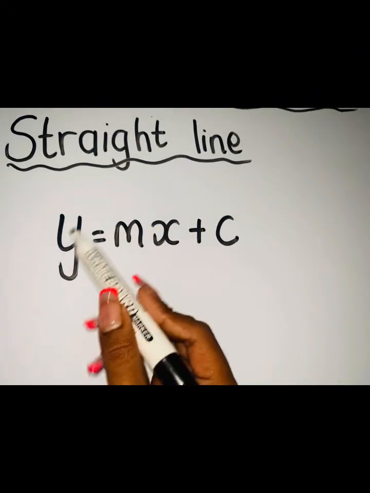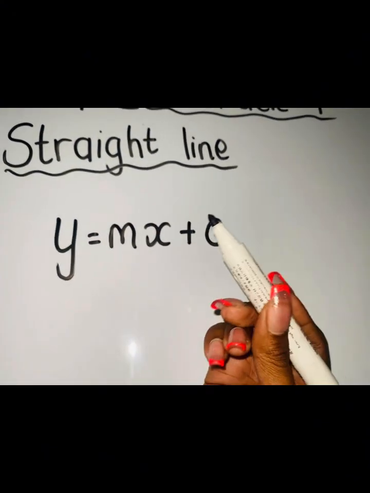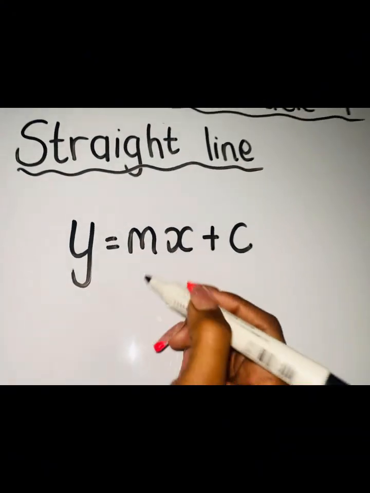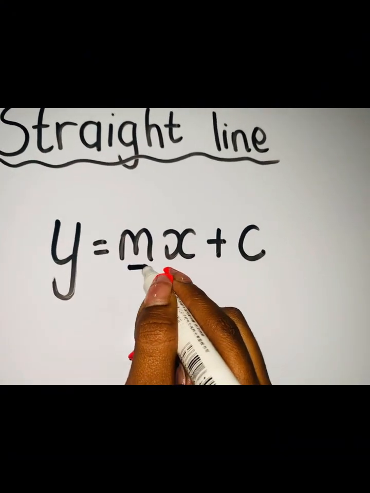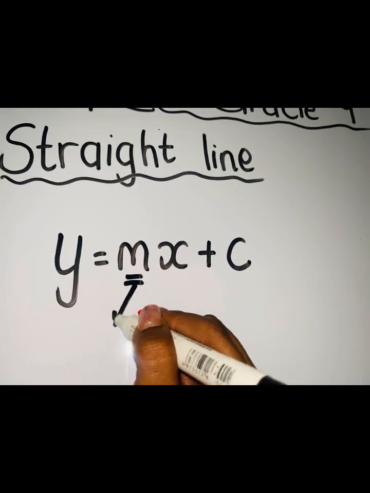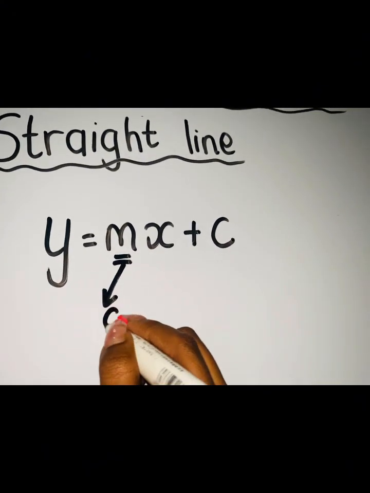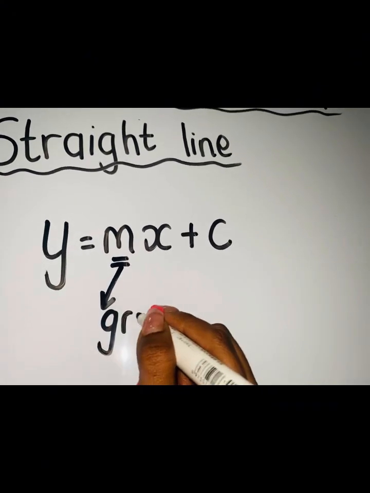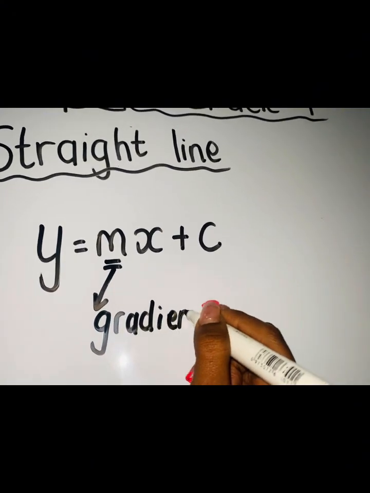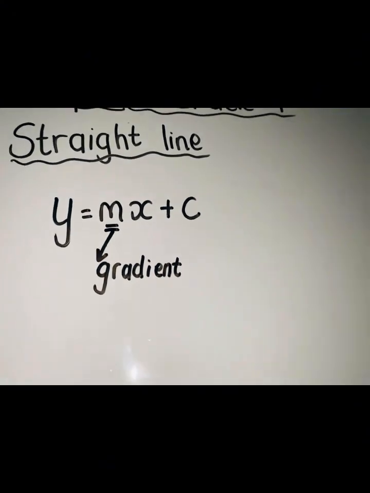You see we have a lot of variables here, but when we start working the straight line, you'll understand what each one means. Right, now let's look at this m in front of the x. So this is what we call a gradient or a gradient. I don't know how you want to say it, but it's a gradient. Yes, you choose your struggle.